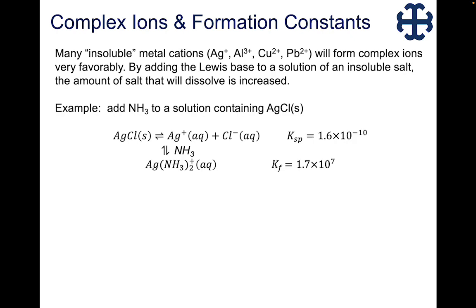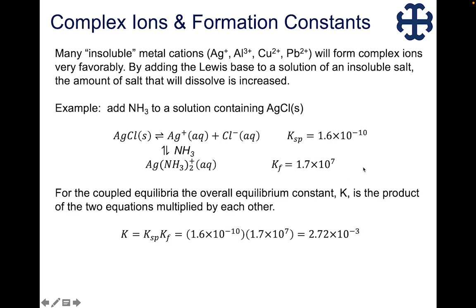And so if we return to an example we talked about last class, where say we have silver chloride with Ag plus and chloride being our products, we have a KSP value that's very small. If we add NH3, we know that NH3 is going to be something that is able to form this complex ion with silver, and then we can couple that Kf value that is very favorable.